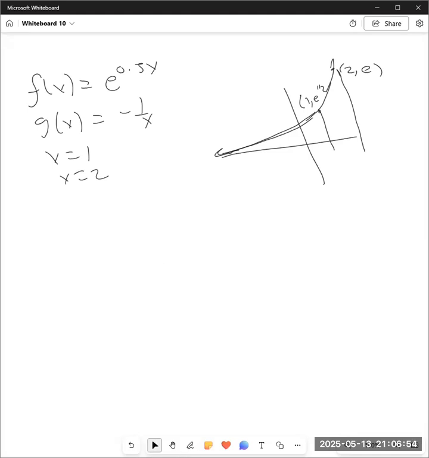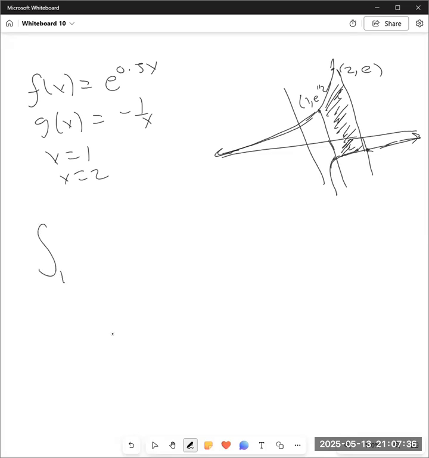See which is bigger. This is negative 1 over x, so we're down here the whole time. So I know which one is bigger because that's all below the x-axis. Now I want the area between these two curves here, like so, from 1 to 2.